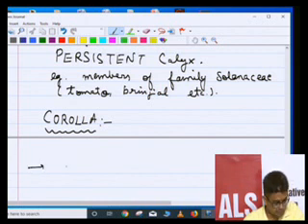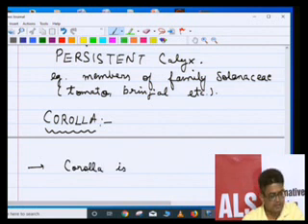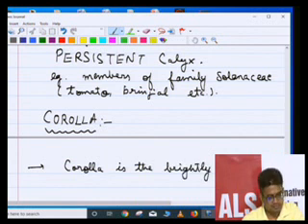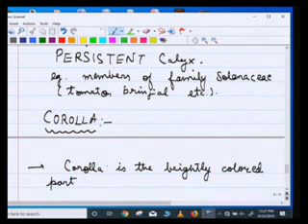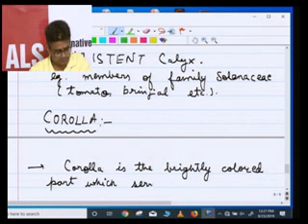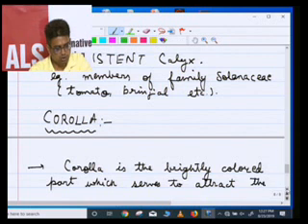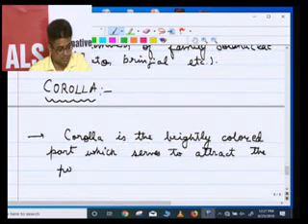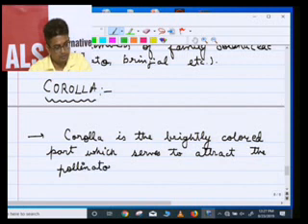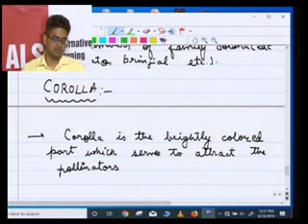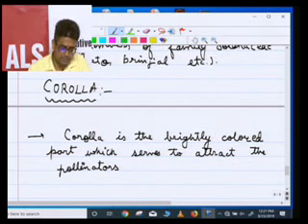It is composed of petals. Corolla is the brightly colored part which serves to attract the pollinators, the people who perform this marriage, and pollinators can be of many different species.